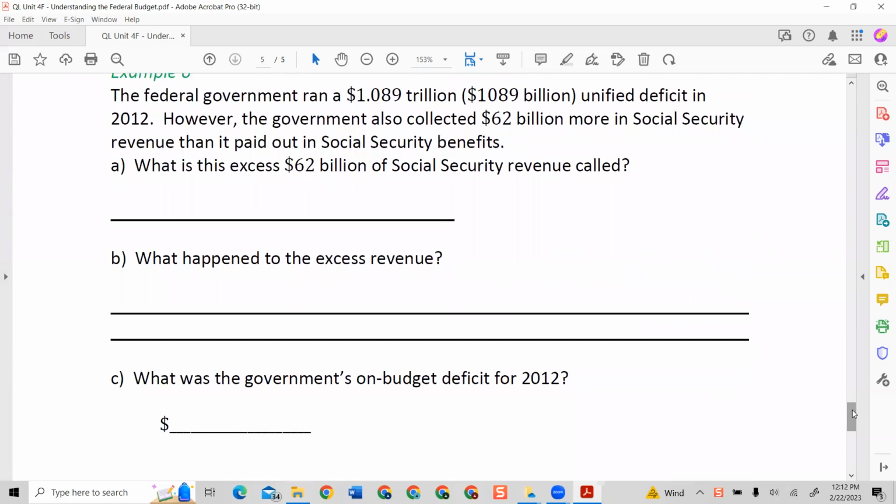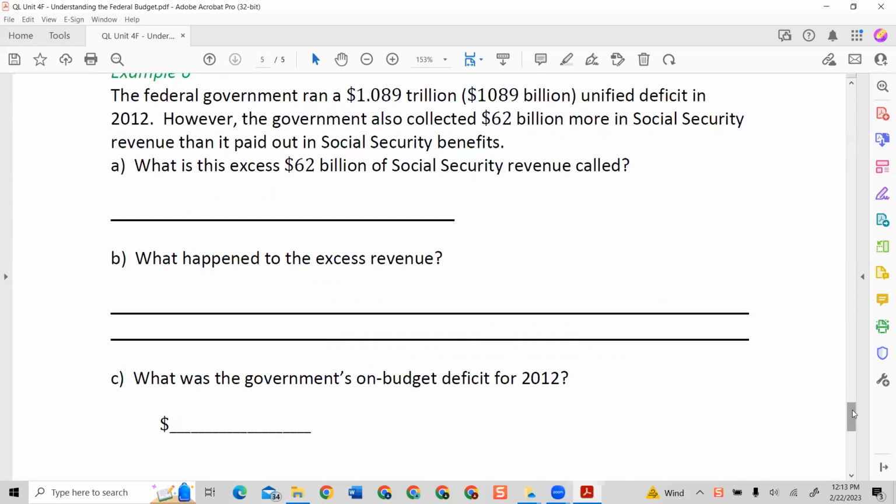The next one says the federal government ran a 1.089 trillion, which is 1,089 billion, unified deficit in 2012. However, the government also collected 62 billion more in Social Security revenue than it paid out in Social Security benefits. So what is the excess 62 billion of Social Security revenue called?